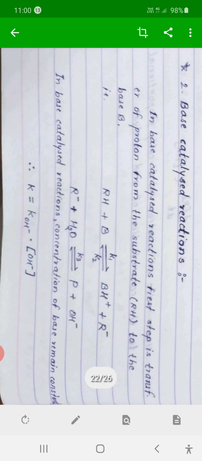Then apply the steady state approximation.